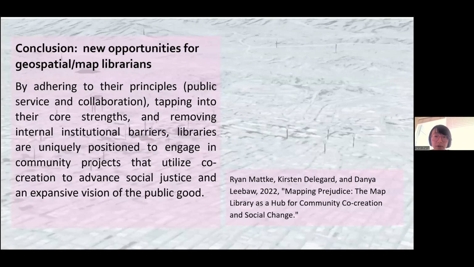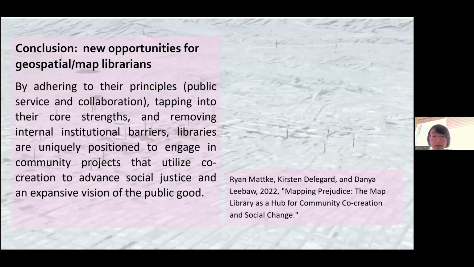Okay, so just to conclude, whether it is teaching GIS or spatial literacy to the public as an endeavor of community engagement, or empowering researchers and community members to use a participatory mapping tool or method to collect location-based community knowledge, I believe these efforts represent new opportunities for geospatial or map librarians.